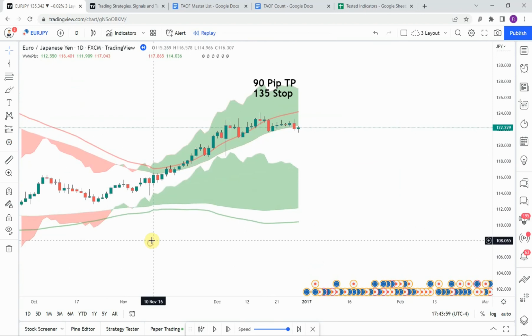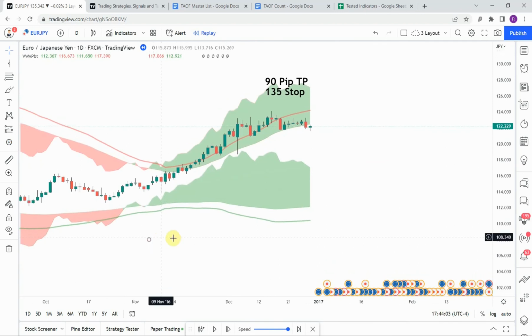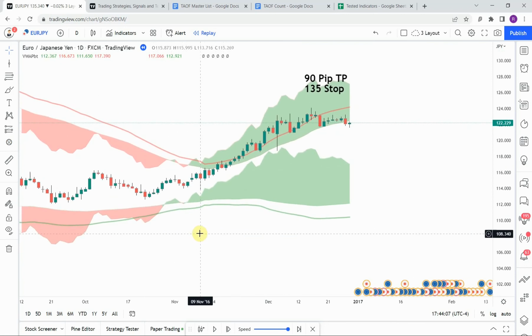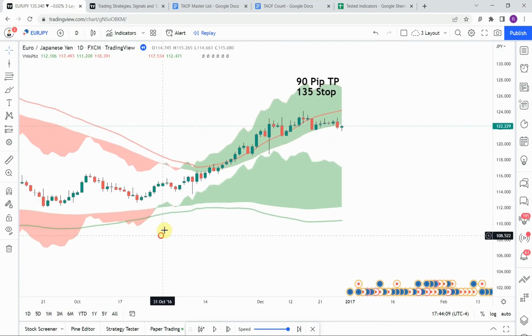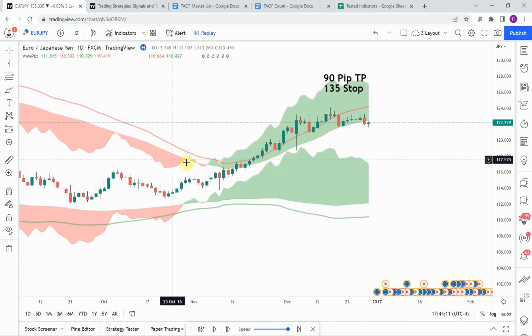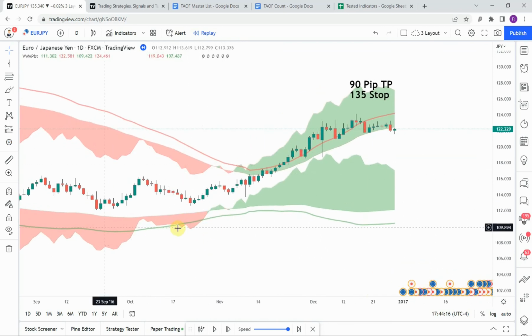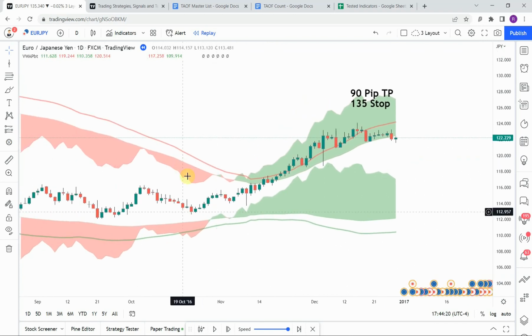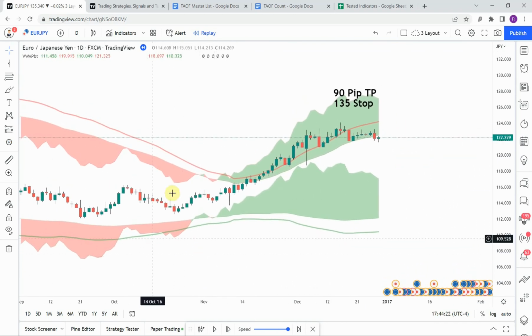As I said in the last video, we were going to test this a couple of different ways, and I think this might be the next best way to try to test this indicator. What we're looking for is not just the change in the cloud coloration, these background clouds here. What we're looking for is when those background clouds change and they break either this lower band or this upper band.